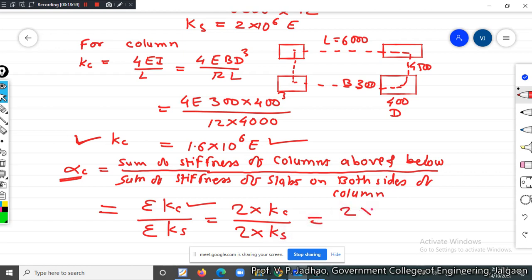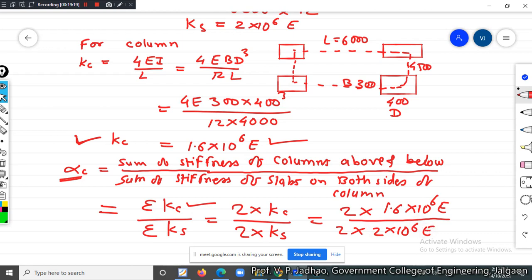Therefore this is equal to 2 into 1.6 into 10 raised to power 6 E divided by 2 into 2 into 10 raised to power 6 E.